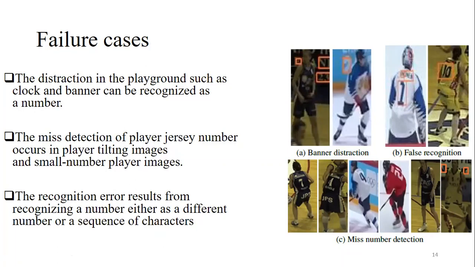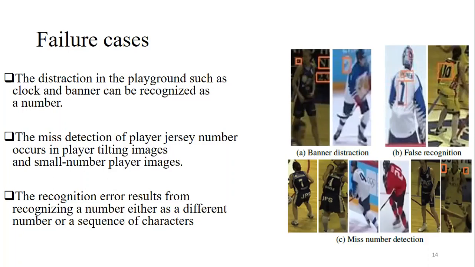The second reason for failure cases is the misdetection of player jersey numbers. The misdetection of player jersey numbers occurs in players' tilting images and small player images, as shown in subfigure C. The reason for occurrence in player tilting images is that the number in those images is a one-digit number with a font that makes the digits appear discontinuous.